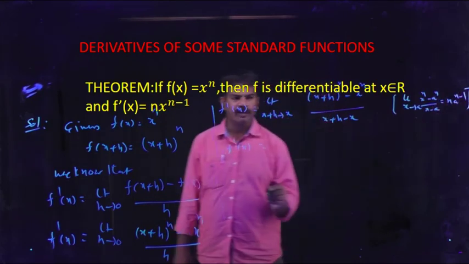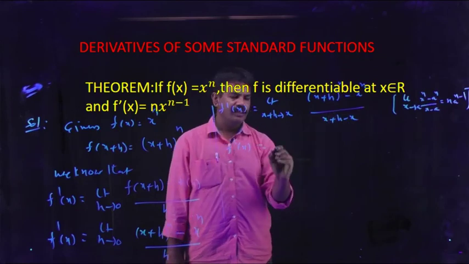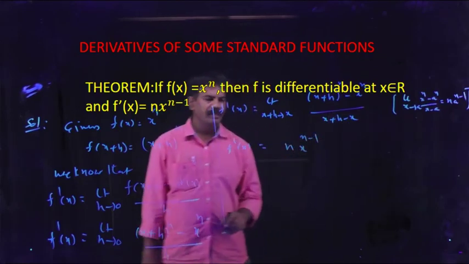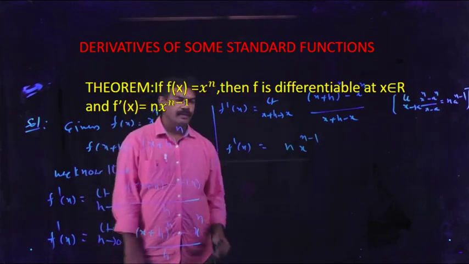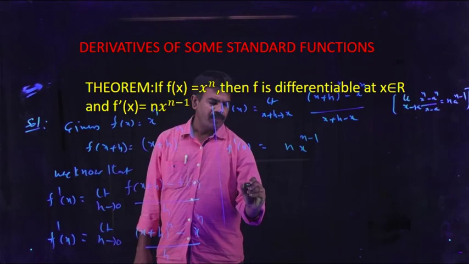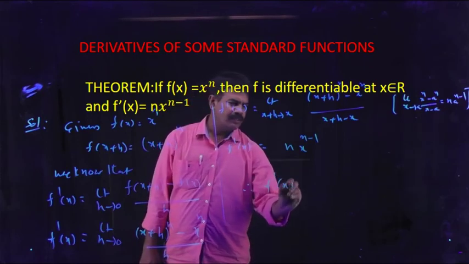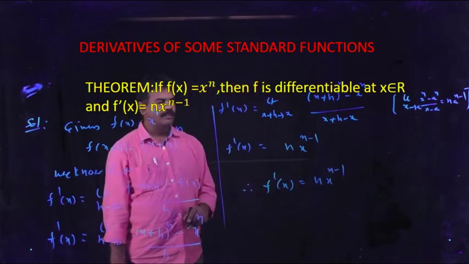By using this formula, here x means x plus h, a means x. It is equal to n into x power n minus 1. Therefore, f dash x is equal to n into x power n minus 1. F is differentiable at x.